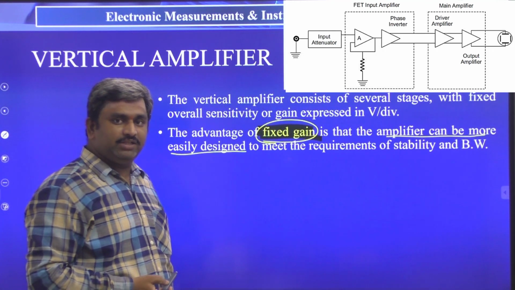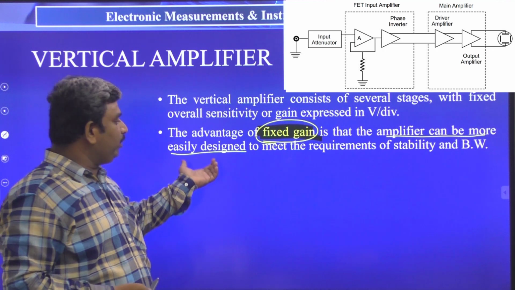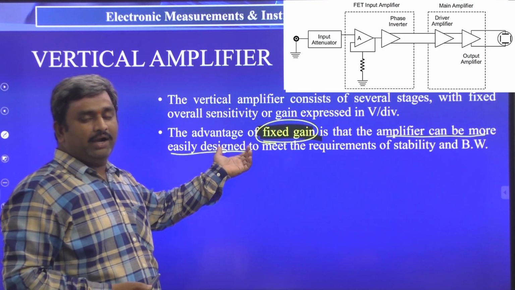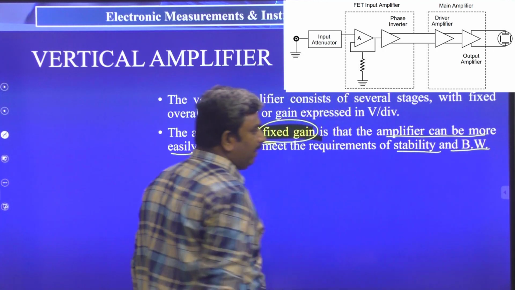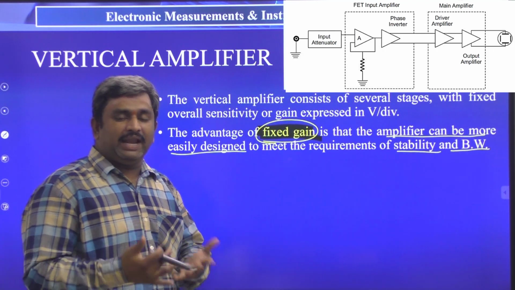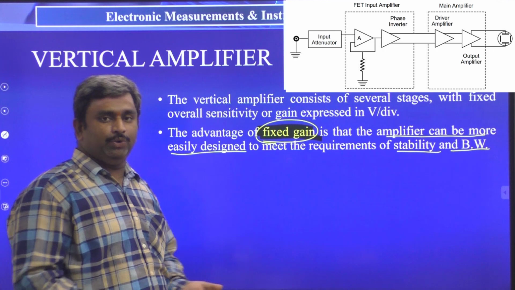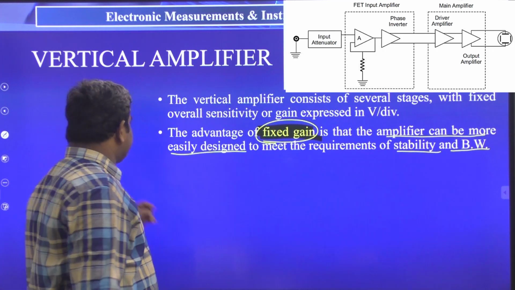We can design the circuits easily, and we can design the best parameters of stability and bandwidth with more clarity, more precision, and more accuracy. That is the purpose of fixed gain.